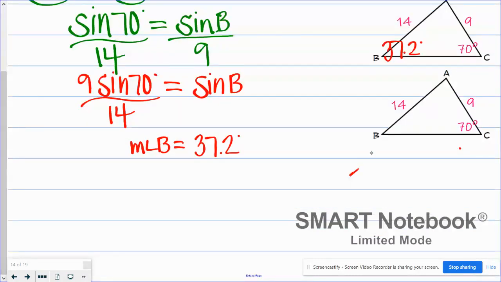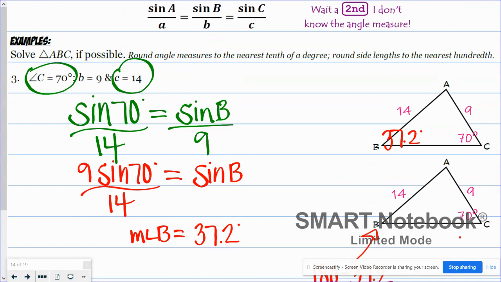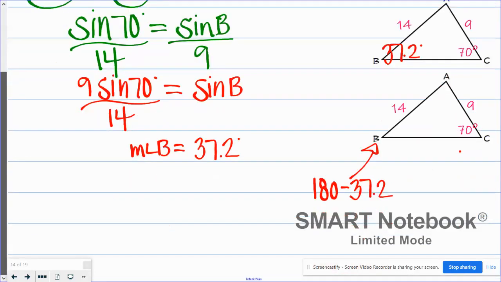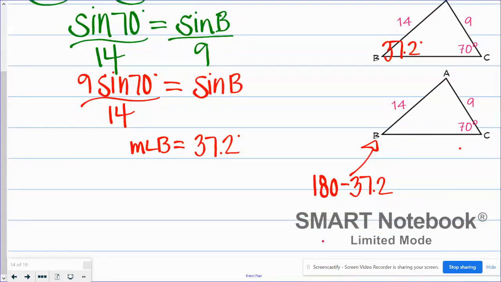The second angle B here is equal to 180 minus the measure of the first angle B, which was 37.2. So I get 142.8.